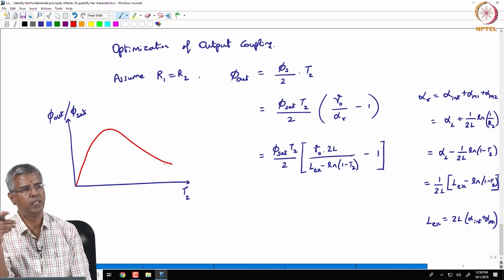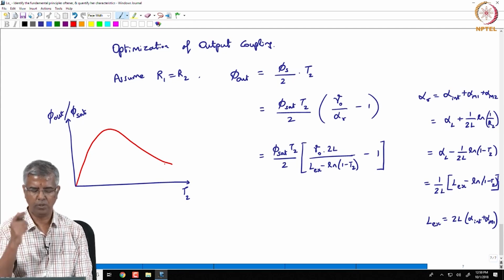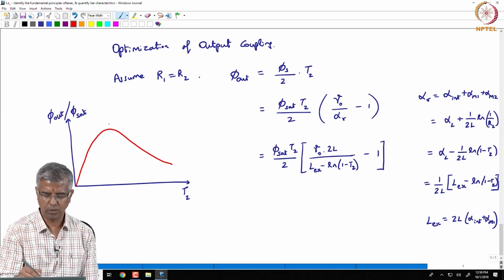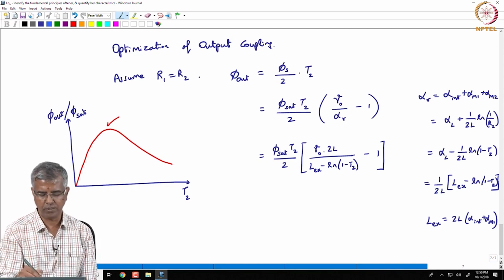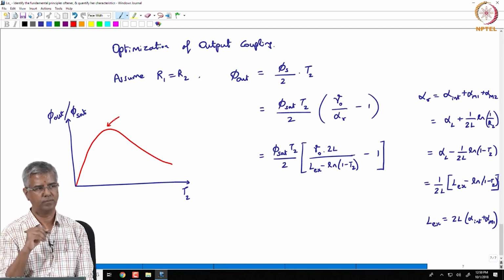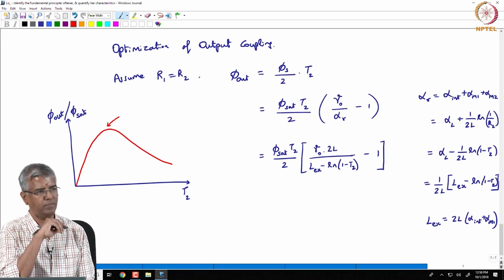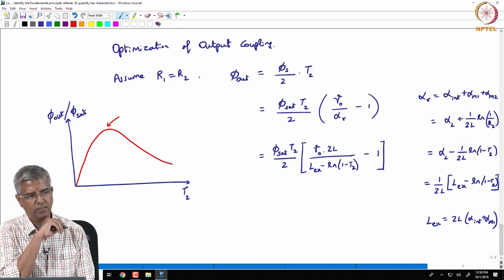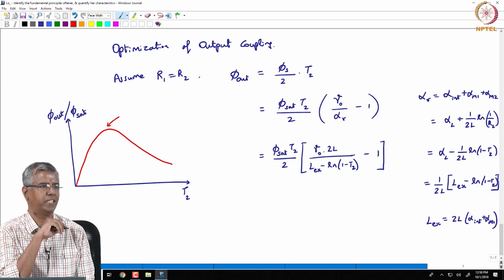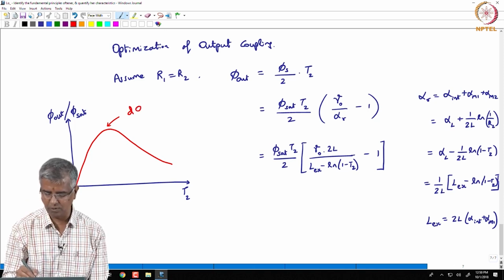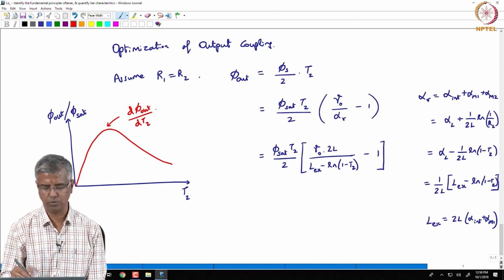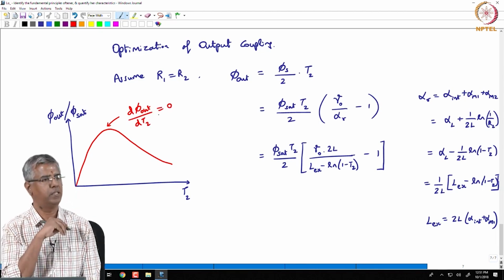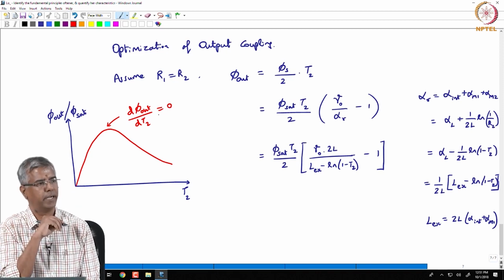So, then that will end up reducing phi out. Okay. So, we are looking at what is this optimum value? What can you say about this point? That is a point of inflection. What happens at the point of inflection? The slope is 0. So, the derivative of phi out with respect to dT2, that is 0 at that point, right.